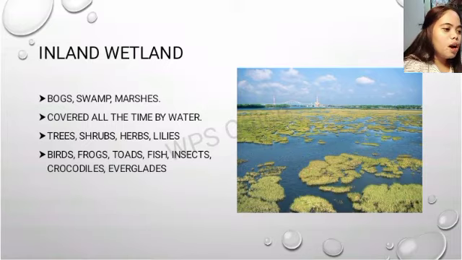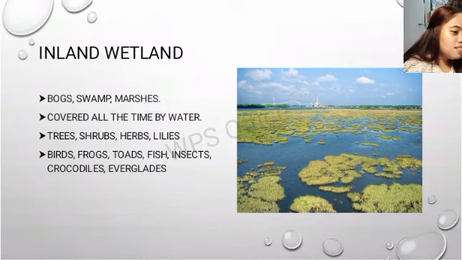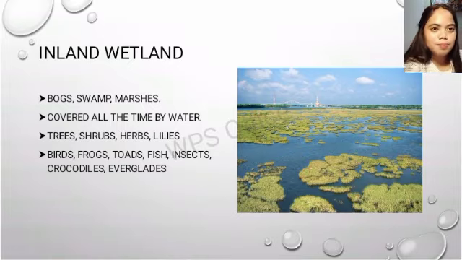Marshes, ito yung tinatawag nating latian sa Tagalog, and it is covered all the time by water. Trees, shrubs, herbs, and lilies are nandito din. So, yung birds, frogs, toads, fish, insects, crocodile, and everglades are living in wetlands.